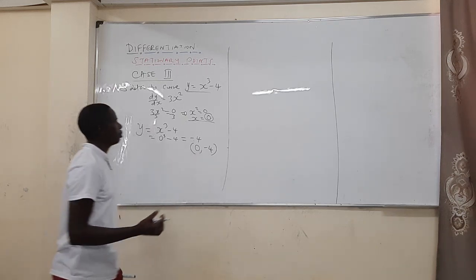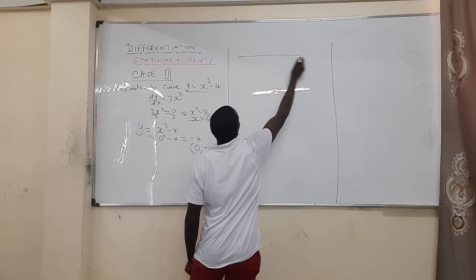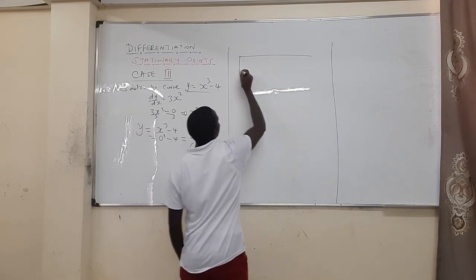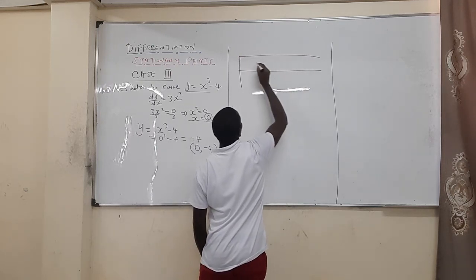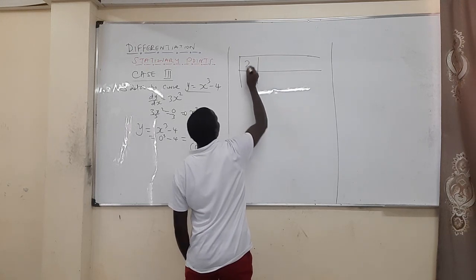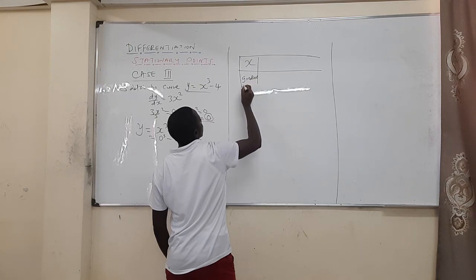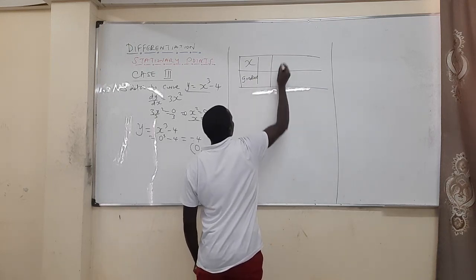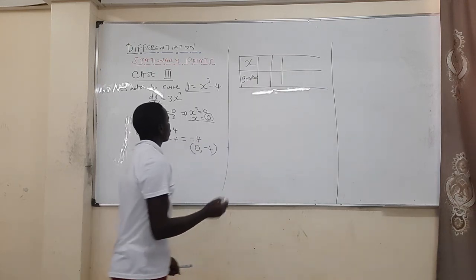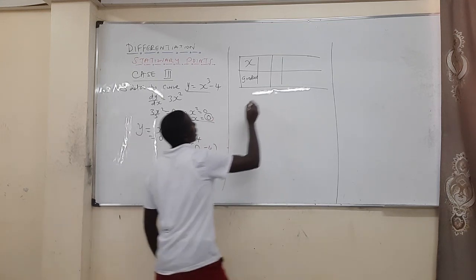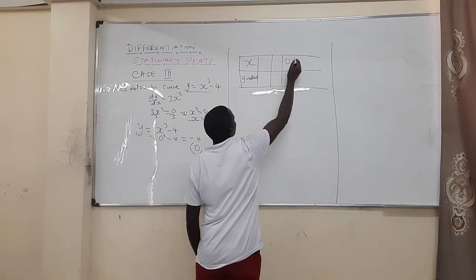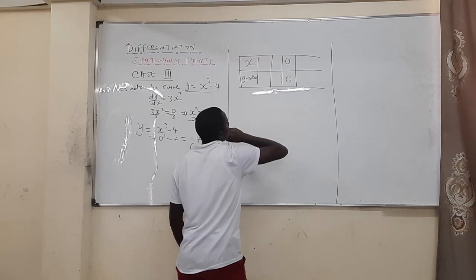So you're going to make a table. We have x and then our gradient. At point 0, that is where you have the stationary point, the gradient is 0.